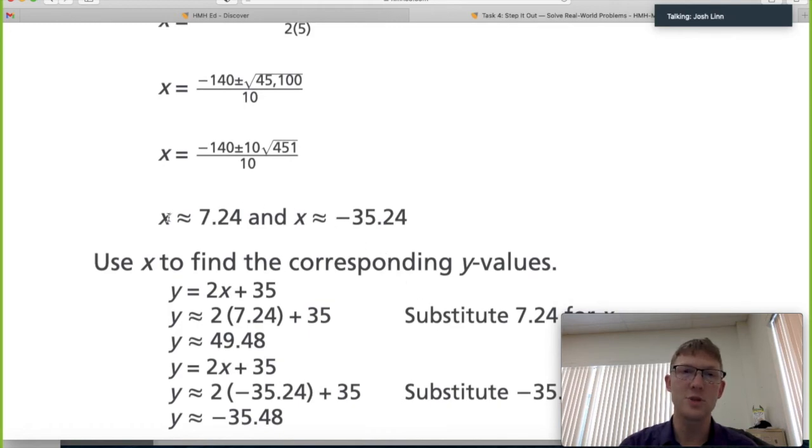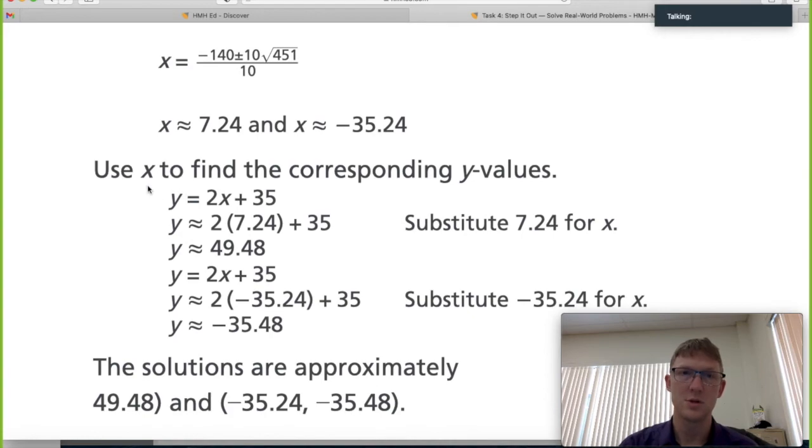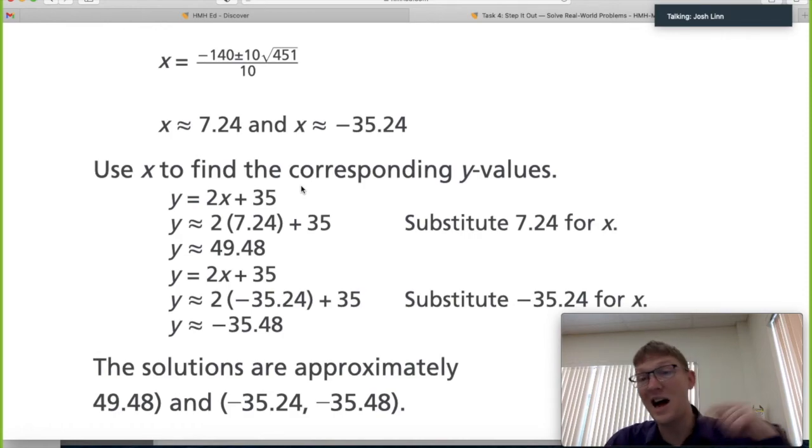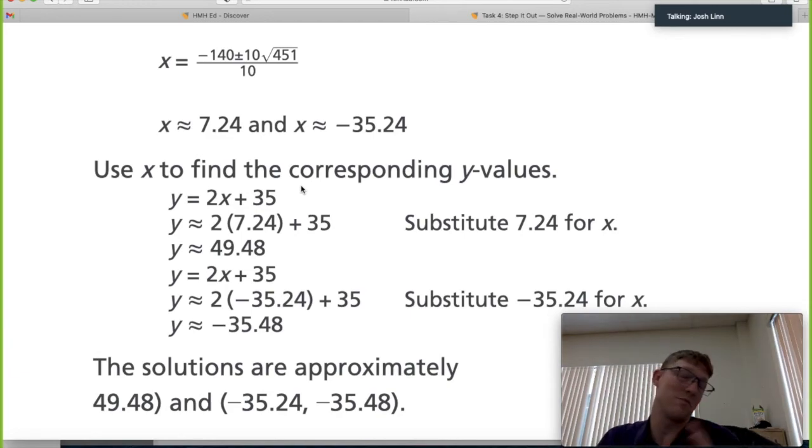So now we have 2 points for x. So now we can use those points, plug them into either of the equations. It doesn't actually matter. I would always pick the easier one, but hey, that's just me. And then again, since we're dealing with decimals, you're probably going to just have to use your calculator and poof.